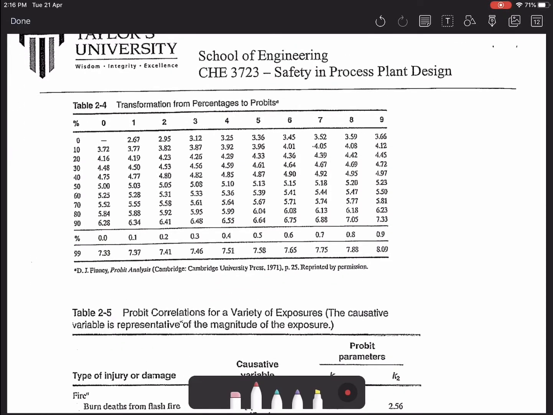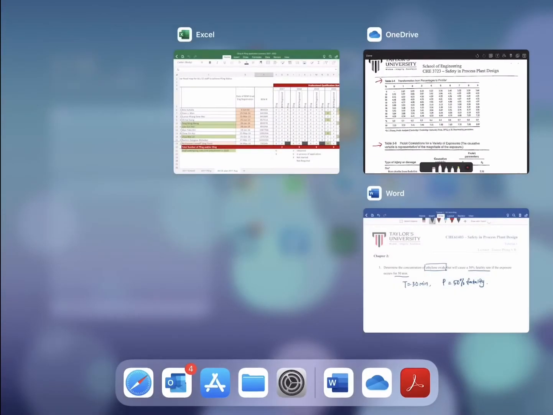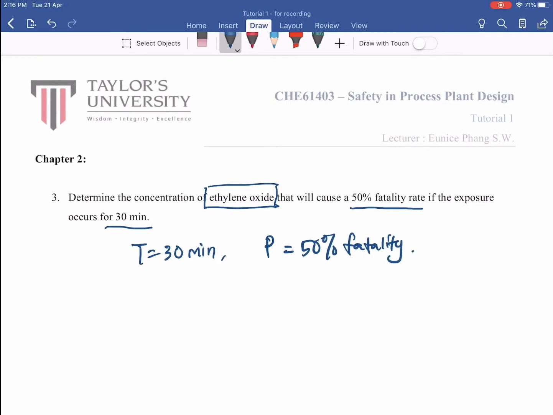Okay, so let's go back to the question first. So just now we looked at the formula. It is Y equals K1 plus K2 ln V.